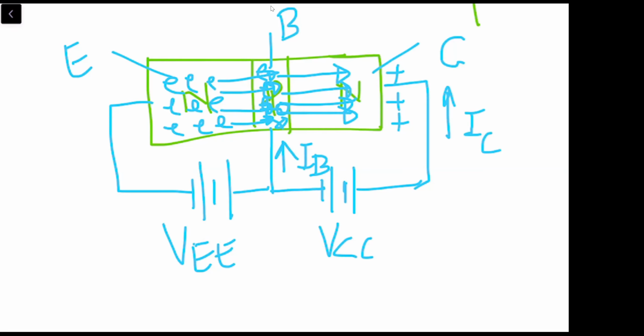So we can see two currents flowing. One current is flowing at the base of the transistor, the other current is flowing at the collector of the transistor.